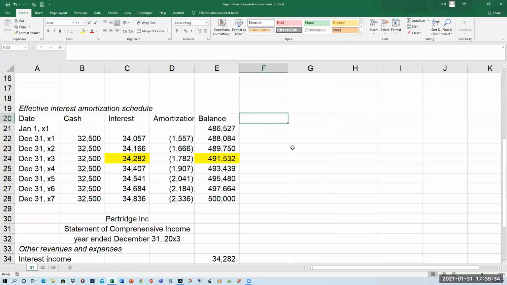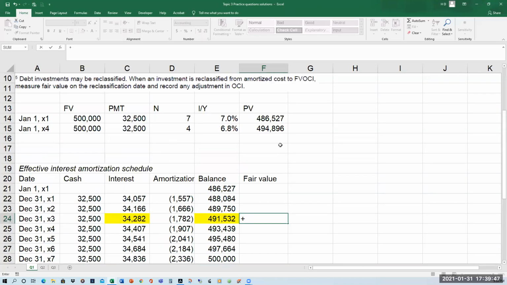So I'm going to start noting the fair value here. December 31st, year 3 and Jan 1st, year 4 are basically coterminous. They're basically the same time, right? Just the very next date.